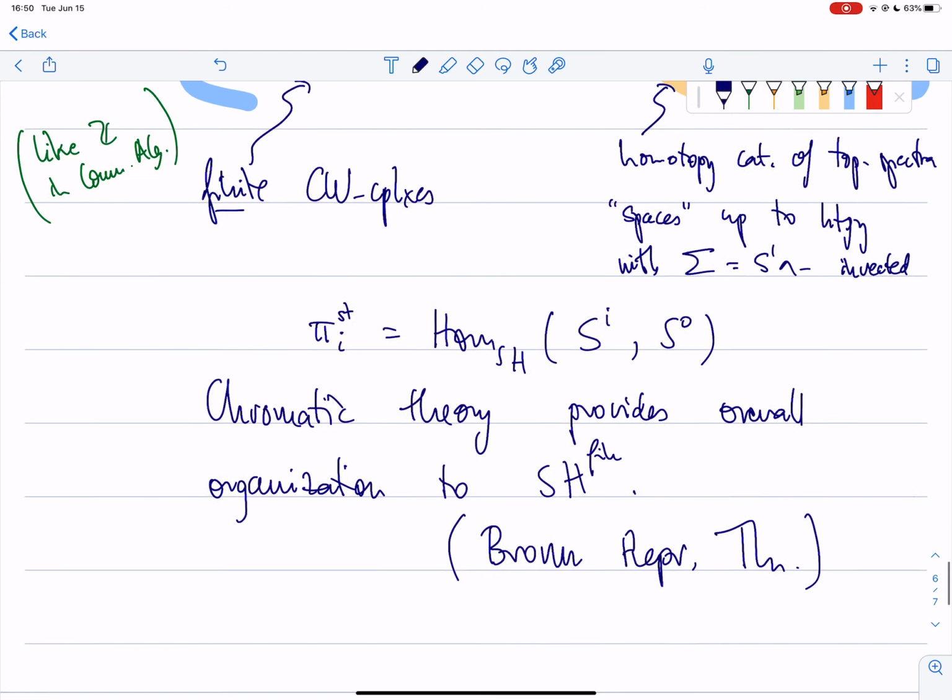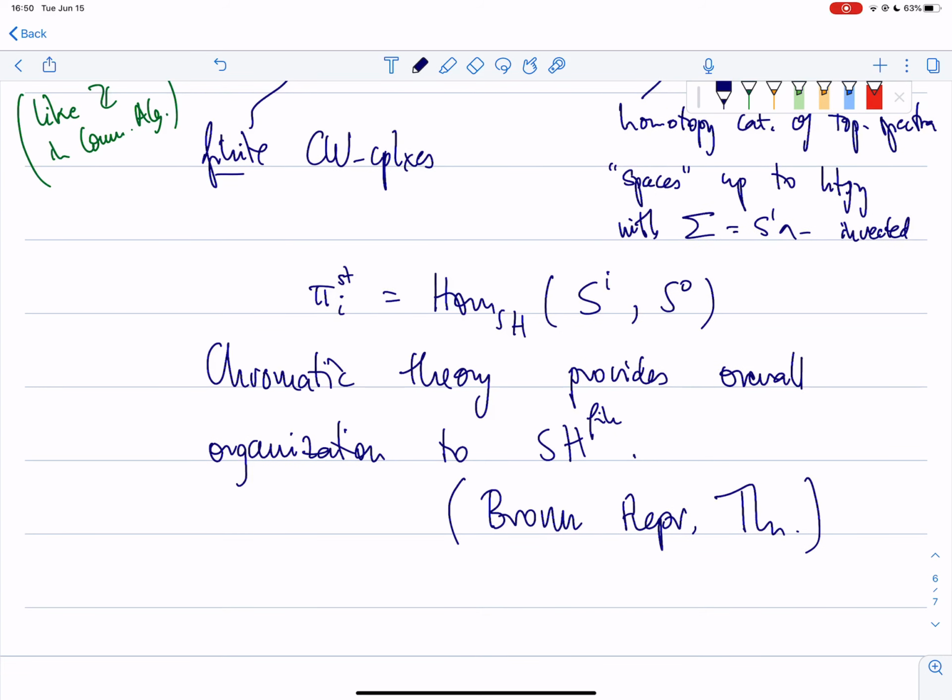It tells you when some cohomology theory can be represented, that is, when is a cohomology theory of the form like that for a given E? Well, it has to send coproducts to products, and basically that's it. And triangles have to go to long exact sequences, so it has to be a cohomology theory.